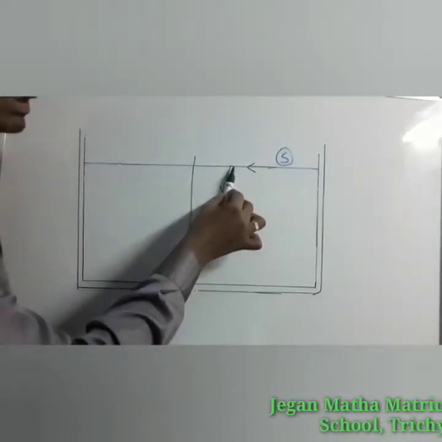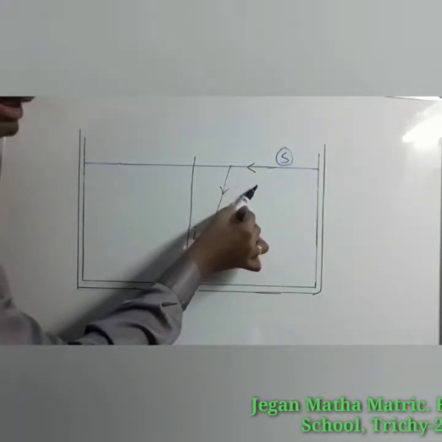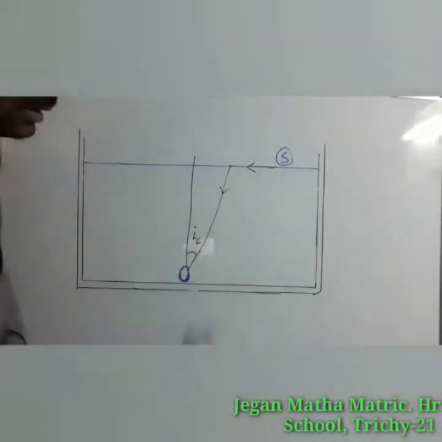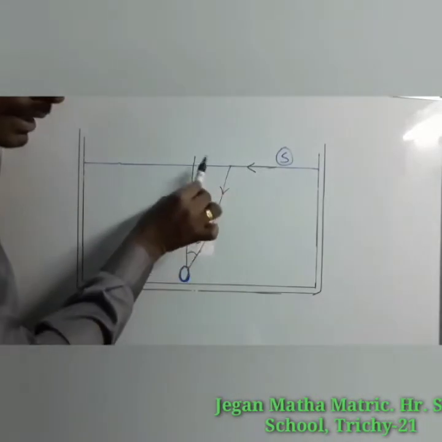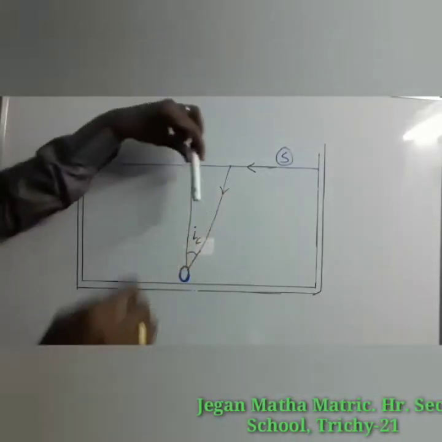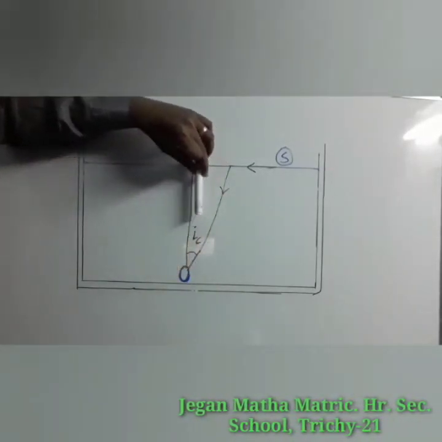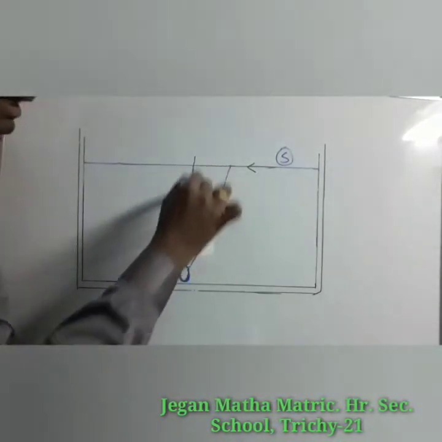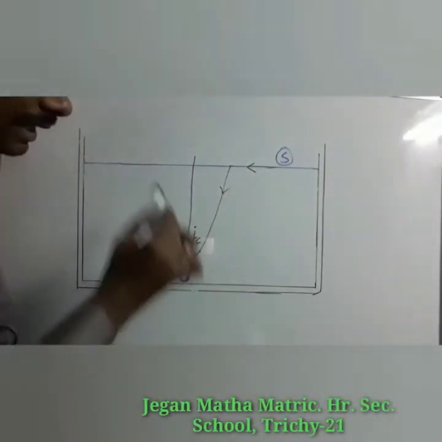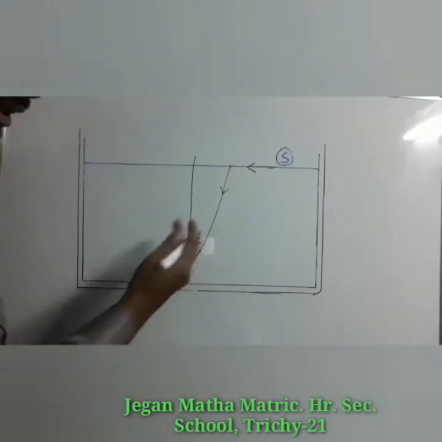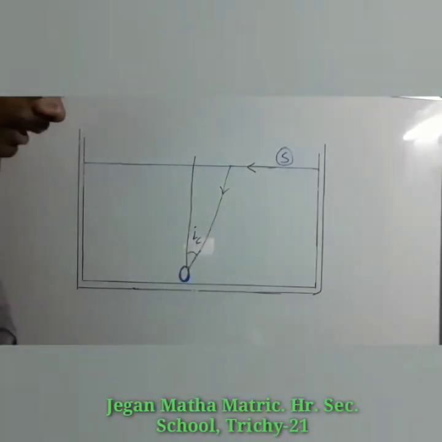The light ray which makes an angle more than the critical angle will not be observed by this observer. Likewise, the light rays which make an angle less than the critical angle will be seen by the observer. The in-between light rays will also be observed by this observer. Likewise, the same condition can be applied on the left side also.